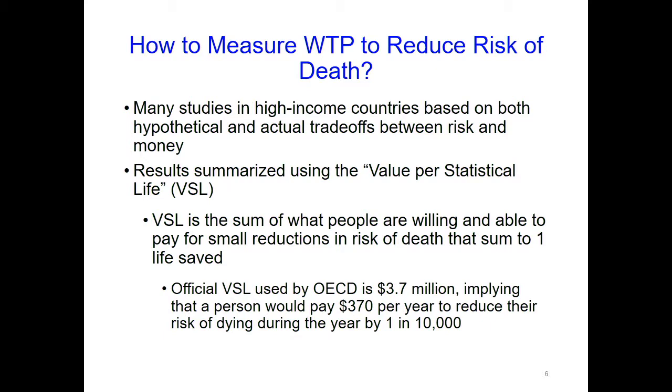The OECD value of $3.7 million, which is based on stated preference studies, is what we take as the basis for doing benefits transfer in the commission report. So the 3.7 million implies that someone would pay $370 per year to reduce their risk of dying per year by 1 in 10,000.